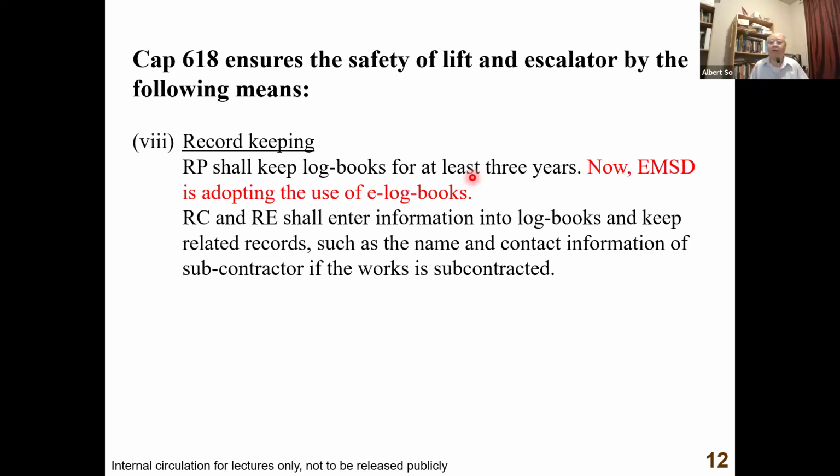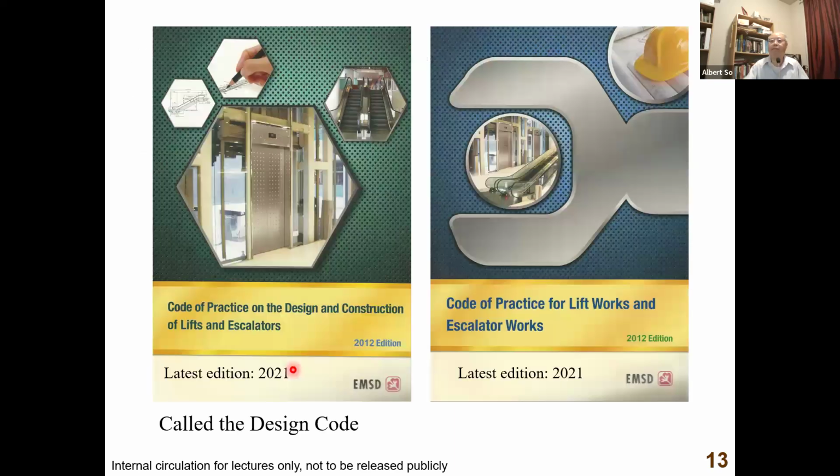It's very free, so you can even do something beyond what I shall deliver in the coming weeks. So registered contractors, registered engineers, and registered workers, all three types of people will fill in information in the logbook, either paper or digital.